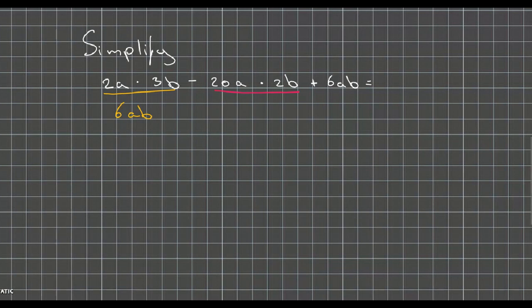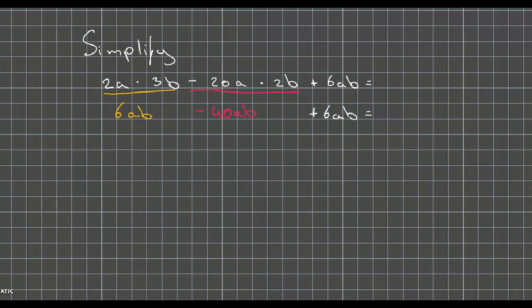So let's look at the second multiplication. Okay, so we have minus 20a times 2b. Now, minus 20 times 2 is minus 40. A times b means ab. Okay, and then we have plus 6ab.